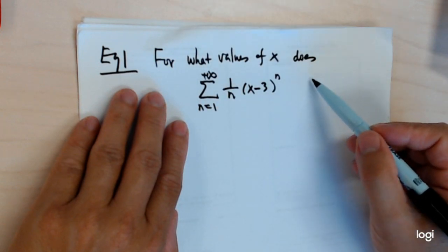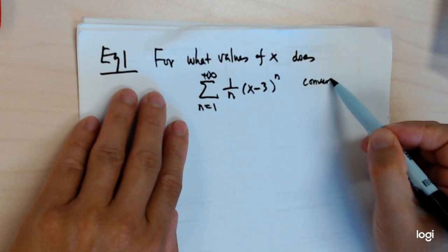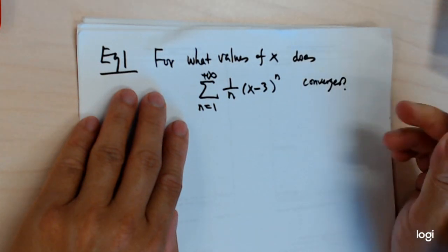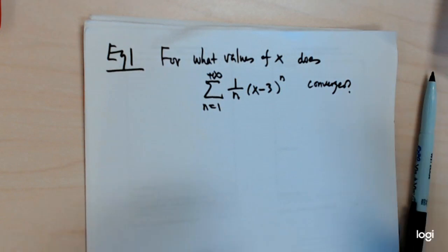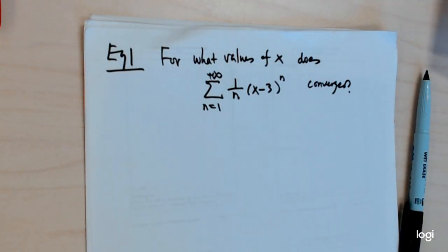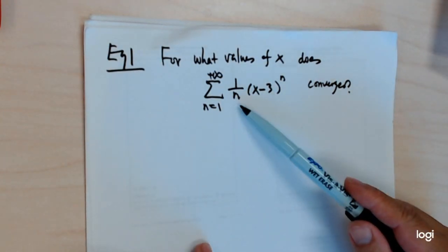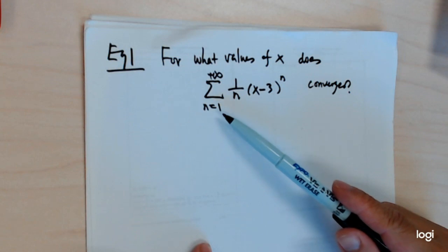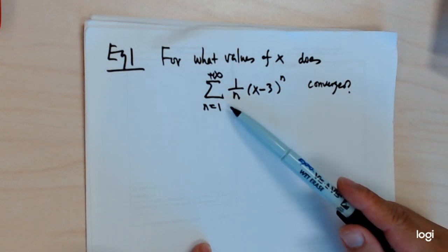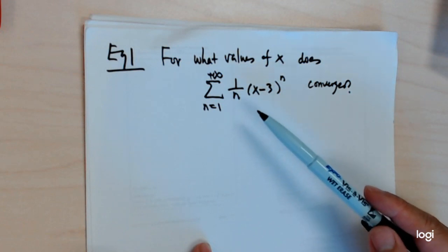Does this guy converge? So that's the question. And also notice, because we have n in the denominator here, n cannot start from 0. That's why we pick n going from 1, because otherwise this guy is undefined.